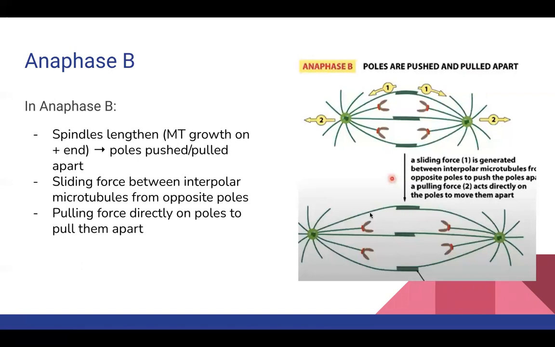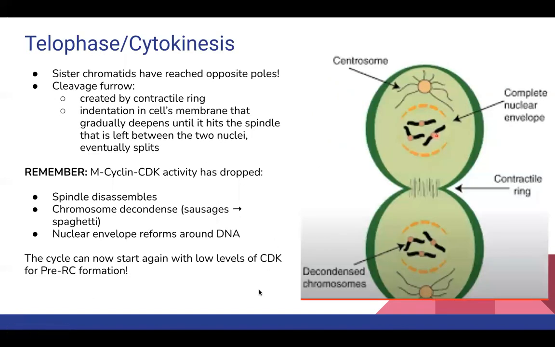Like I said, they're going to be helping push them apart while the other things pull them. The pulling force will be directly on the poles to pull them apart, and then everything else will pretty much come with it. So you'll start getting that separation of the two cells, which will lead to telophase and cytokinesis.